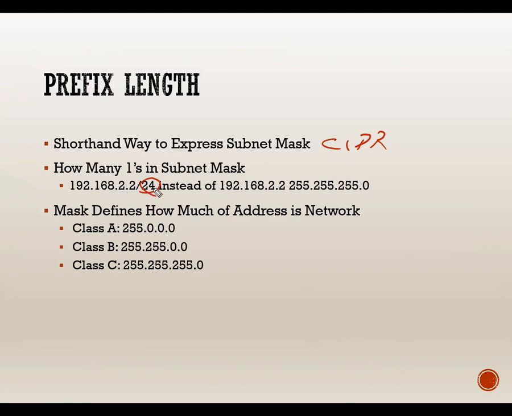So 192.168.2.2/24 instead of 192.168.2.2 255.255.255.0. It would be nice if we could actually use this notation to write network addresses in the Cisco configuration. You can do that with IPv6 but not IPv4. So how much of the network address? This one would be a /8, /16, /24, which would be the prefix length of the CIDR notation for each of those.